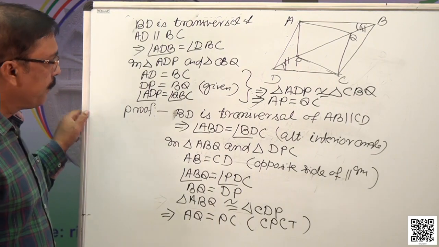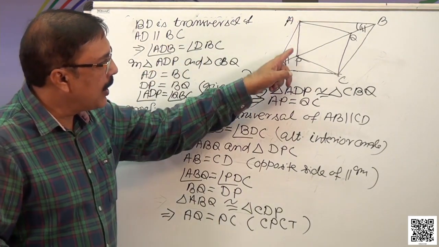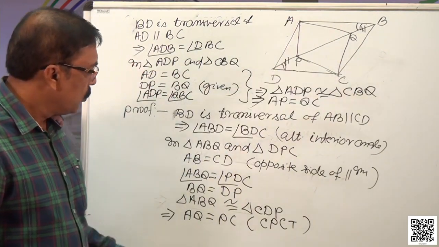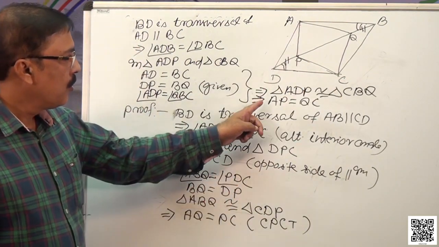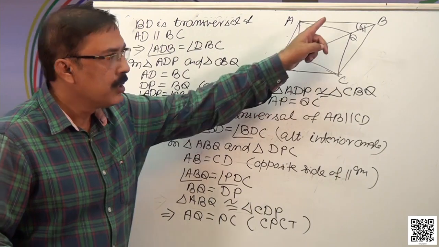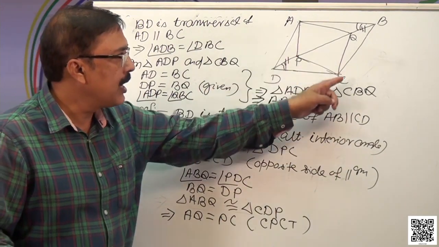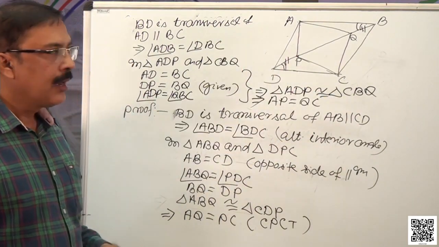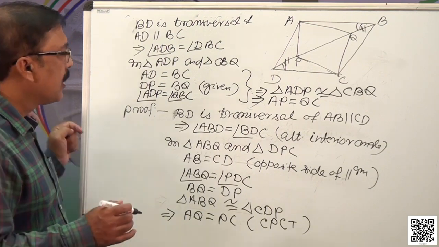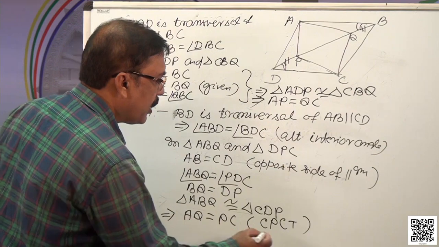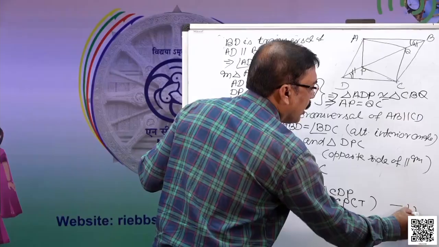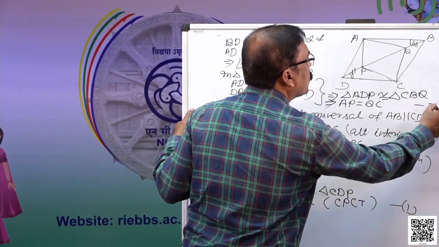Now you see, in quadrilateral APCQ, we have AQ equal to PC, and also we have AP equal to QC. As the opposite sides of the quadrilateral are equal, so we can say that APCQ is a parallelogram. Let's number it 1 and number this as 2.